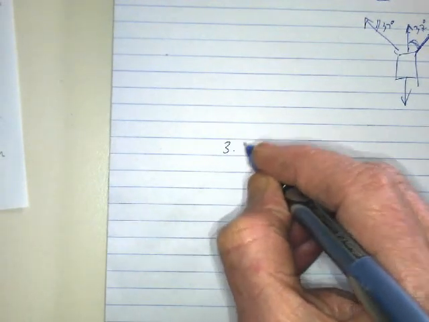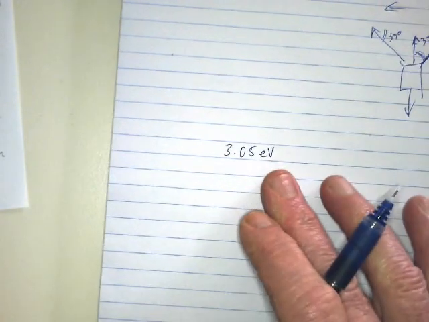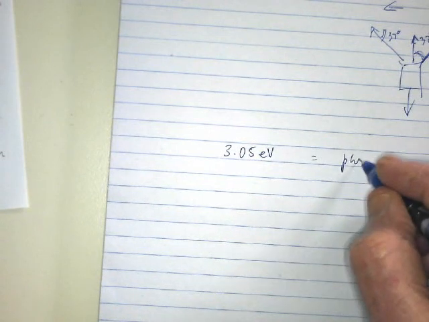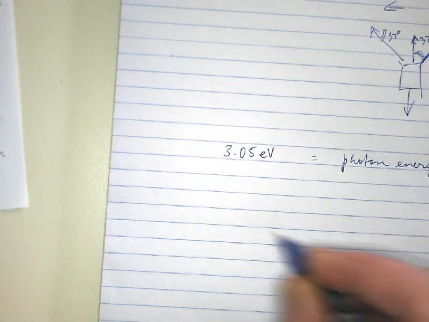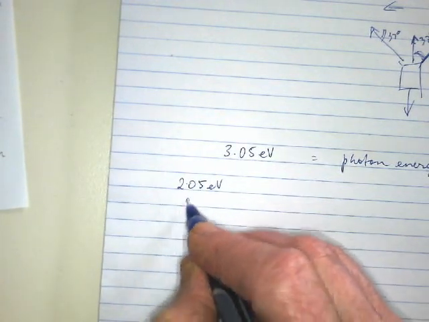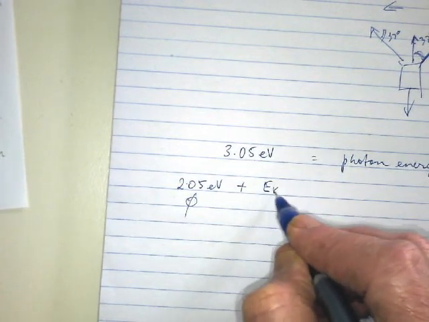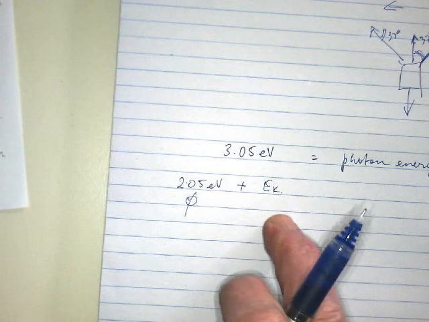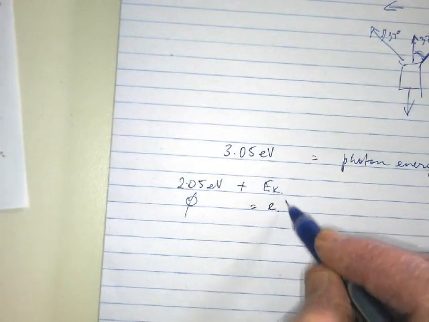You're happy enough with this bit, right? That the 3.05 electron volts has to be the photon energy, because it has to overcome the work. So this looks like the 2.05, which is the work function, phi or W, plus the kinetic energy, and the maximum value of kinetic energy is equal to the charge on the electron times the potential difference V, QV.